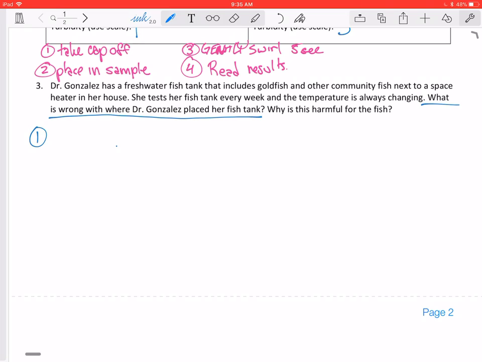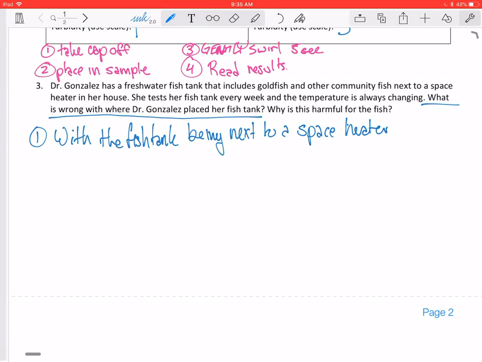So the fish tank being next to a space heater is causing the tank temperatures to fluctuate.